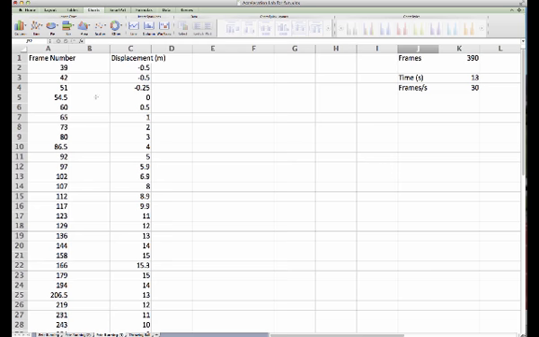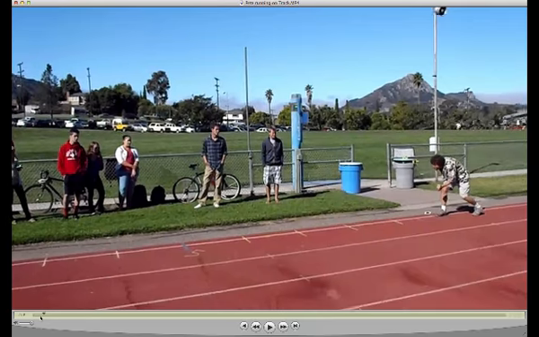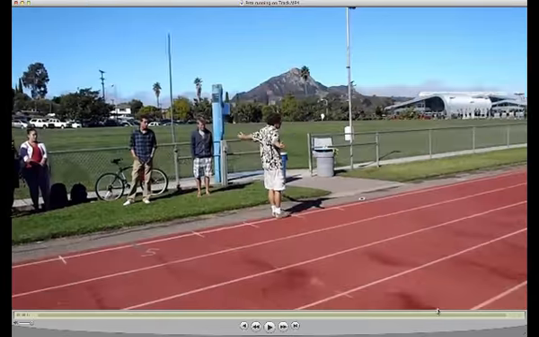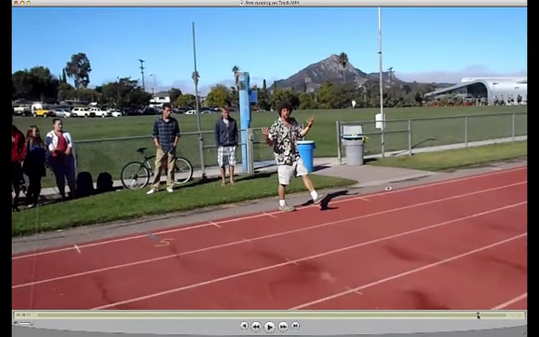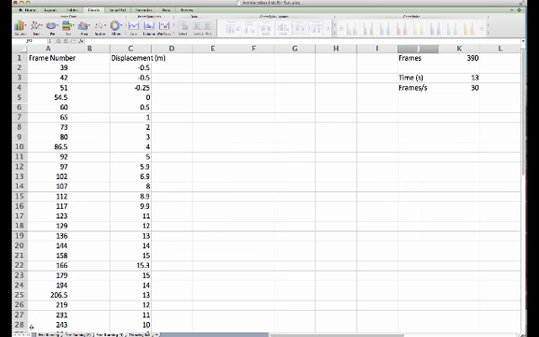Now how do I turn that into seconds? We need to correlate frame number with time. So let's go back to time, and I can go up to the very end. This is the last frame that was 12 seconds. This would correspond to exactly 13 seconds, and the frame number is 390.